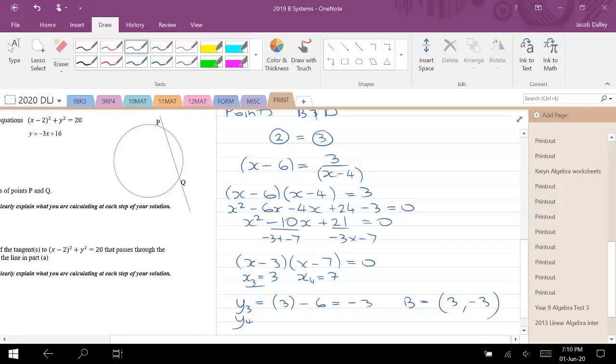And point D, we're subbing x4, which is 7, gives us a y4 of positive 1. So our D coordinate is 7, 1.